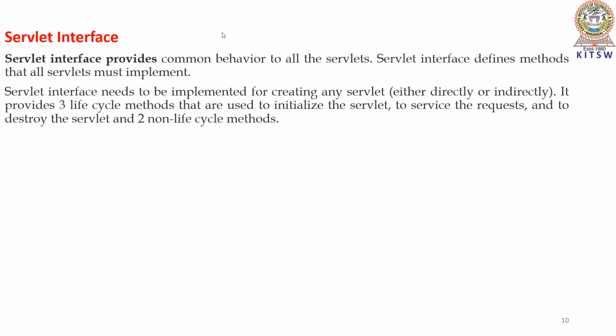In an interface we find abstract methods, because those methods must be implemented by whatever servlets we are going to develop. When our servlet implements the methods present in this interface, that particular servlet gets the behavior.